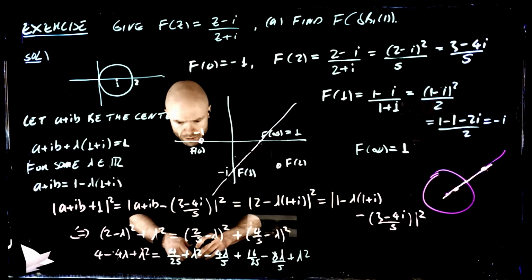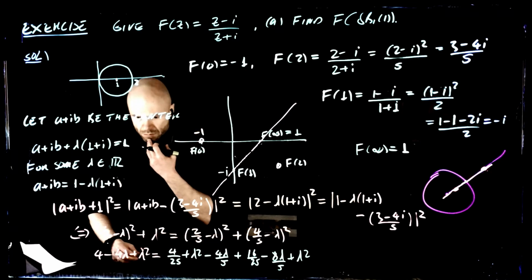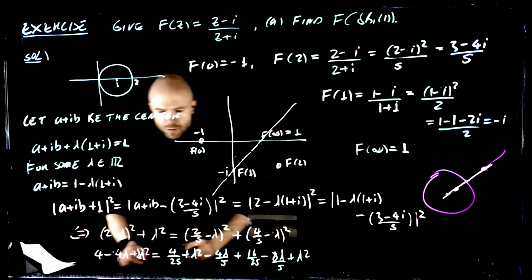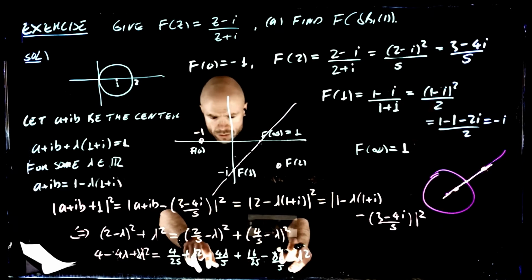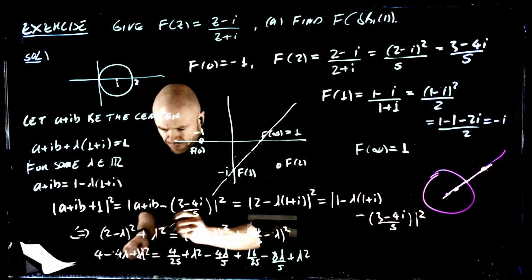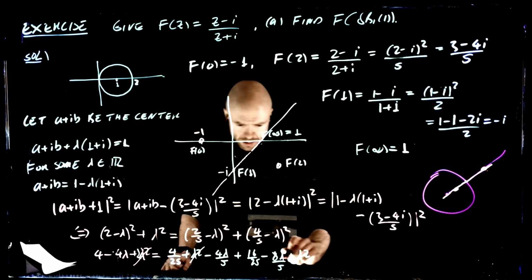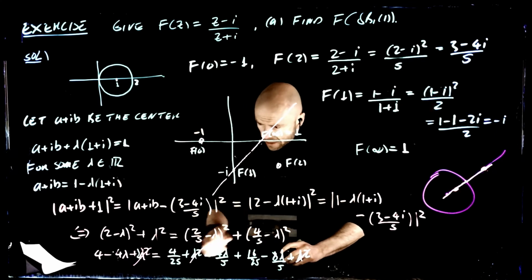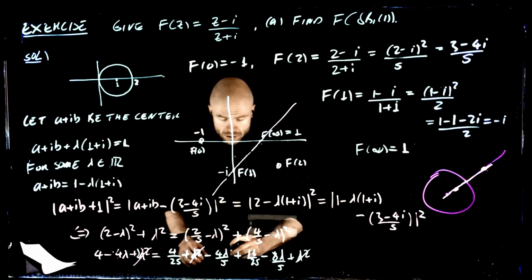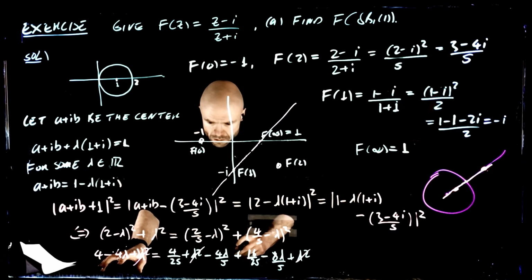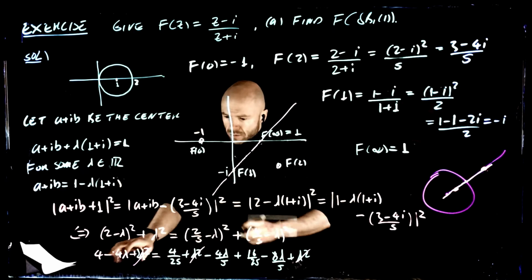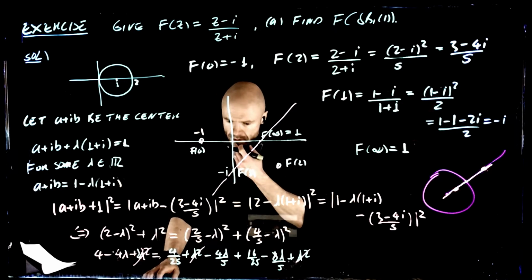And then we actually have a 2 lambda squared here because we get a lambda squared from here. So these 2 lambda squareds will cancel. And then what does that give us? Lots of things. So let's put this stuff all together. This is a messy expression.